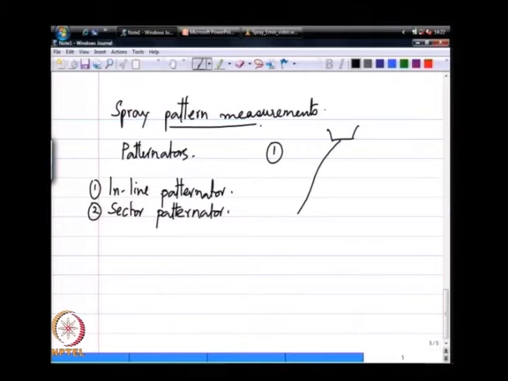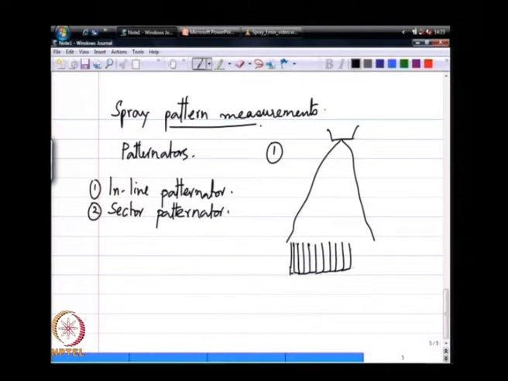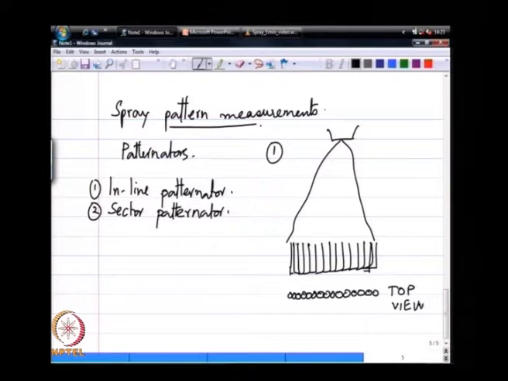So, let us say I have this spray. The inline patternator is just a series of tubes. When I expose the spray to these tubes, this is sort of like a rain gauge essentially.